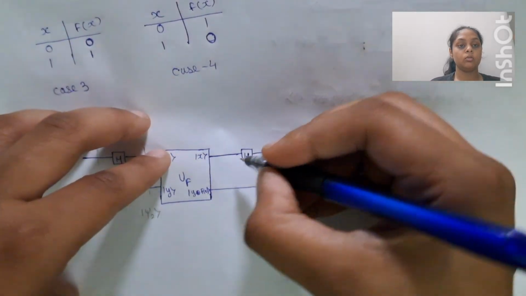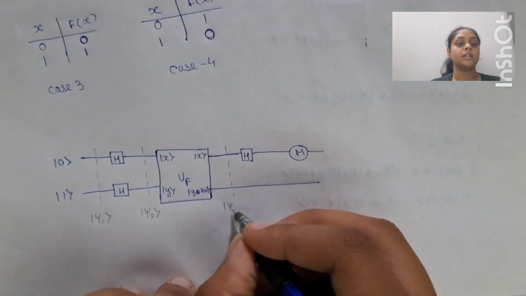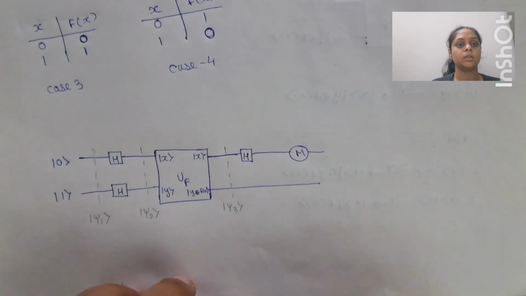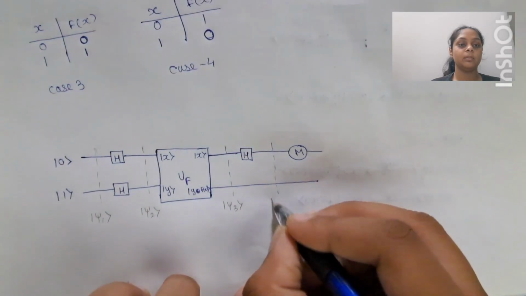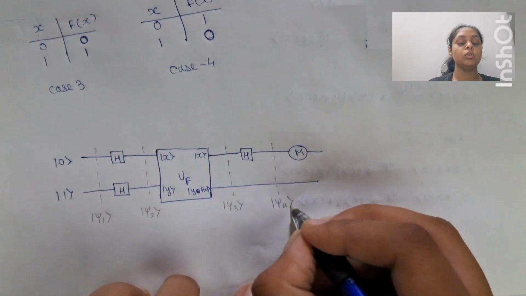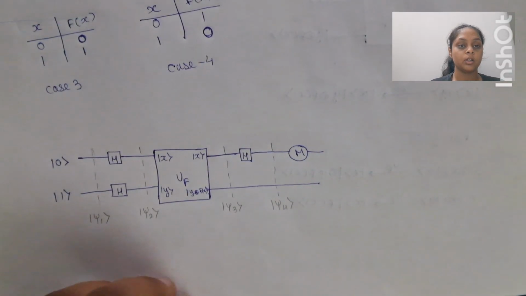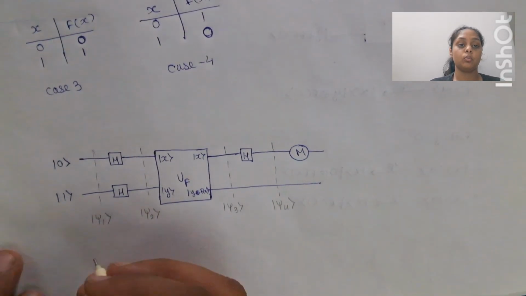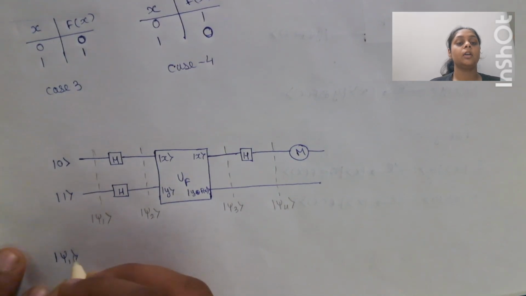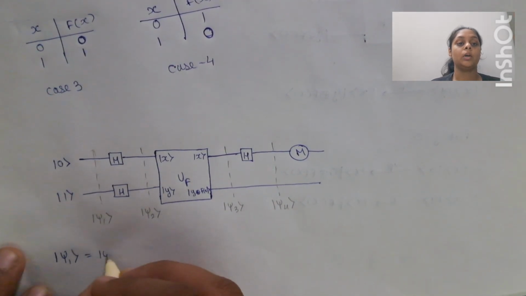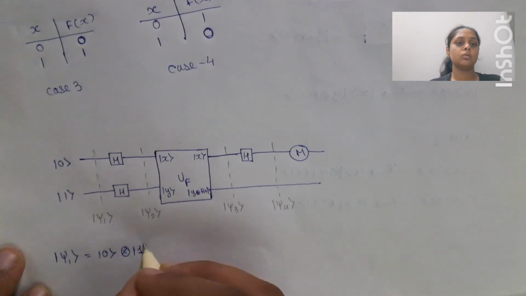The third stage is called as |psi 3>, and the fourth stage is called as |psi 4>. |psi 1> is equal to |0> tensor product |1>.